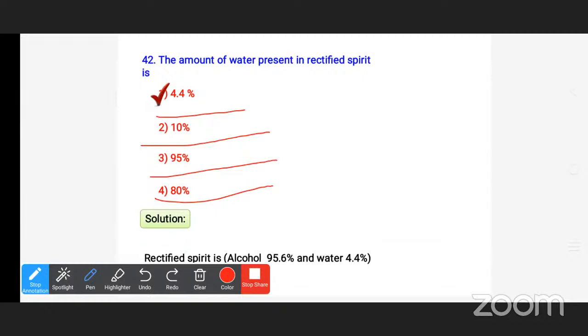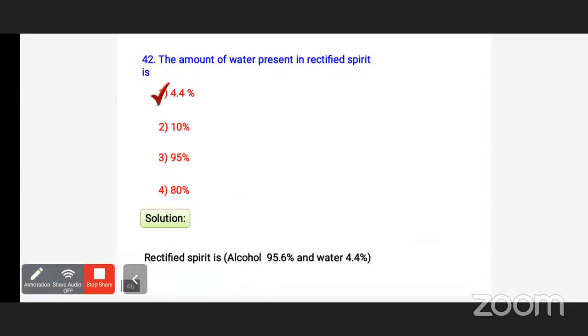Ethyl alcohol is called as rectified spirit. So the remaining 95.5 is rectified spirit, and the remaining is water, 4.4 percentage. So the amount of water present in the rectified spirit is 4.4.